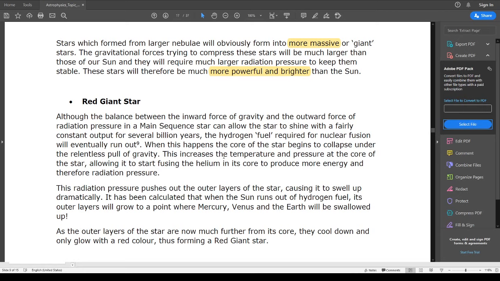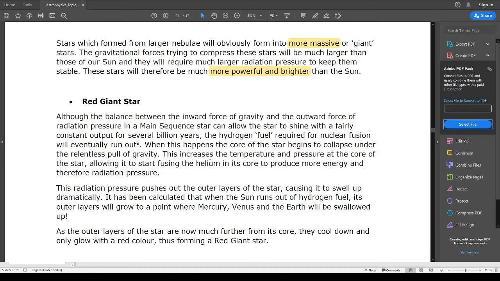And the more energy produced by nuclear fusion, the greater the outward radiation pressure. Got it?